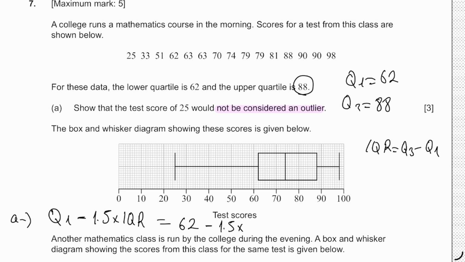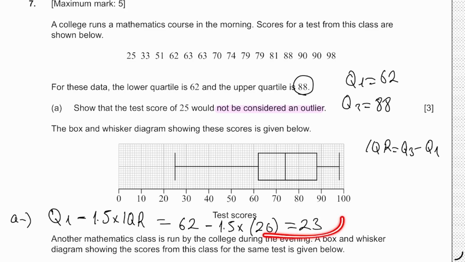So let's find it out. 62, one second. If I subtract it from here, 26 and 2, 26. And this value, if you do it by calculator, will be equal to 23.